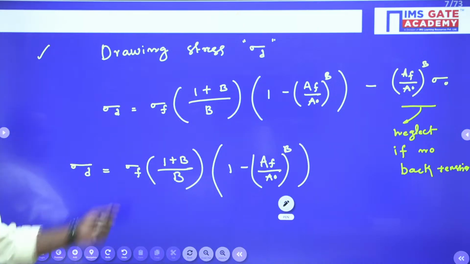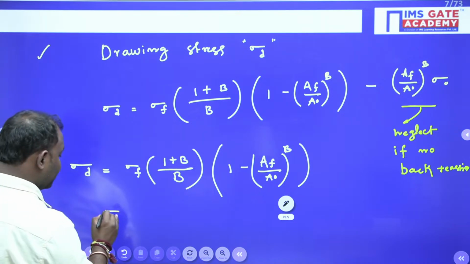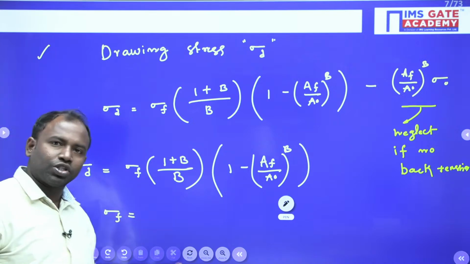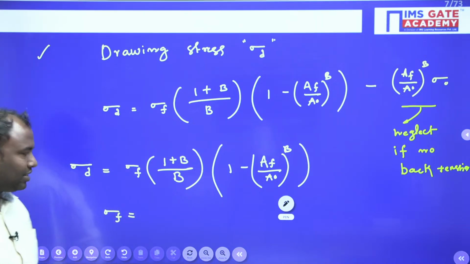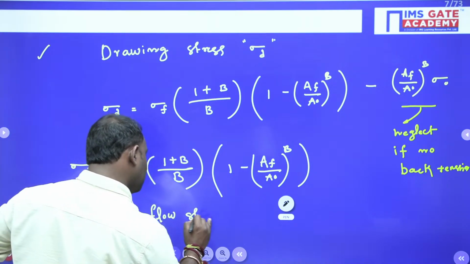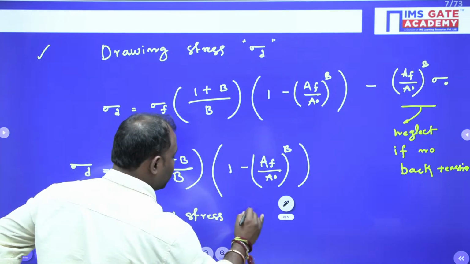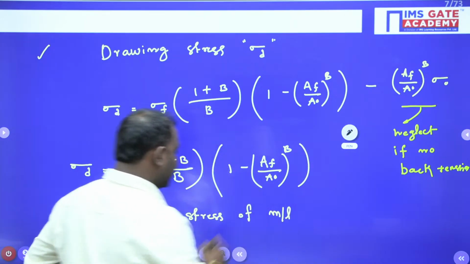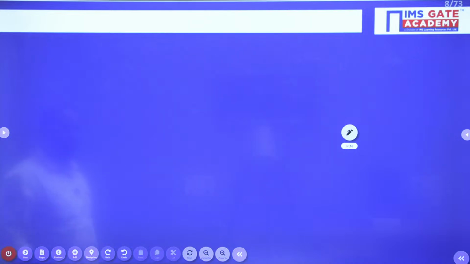Now here sigma F is the flow stress of material. Sometimes yield stress is also given, so you may take it as a yield stress or flow stress of material. Okay. All right, guys. Now sigma F is the flow stress of material, isn't it?